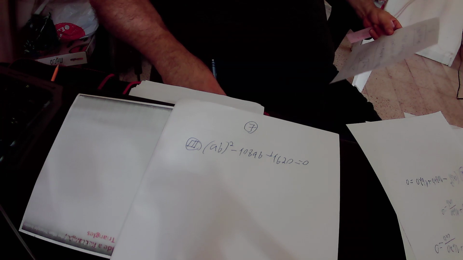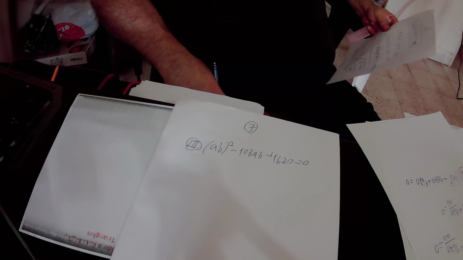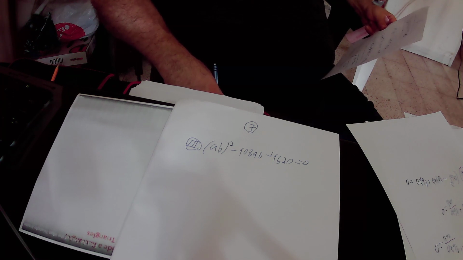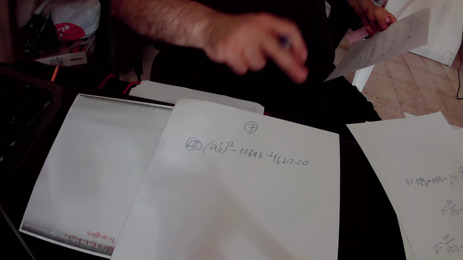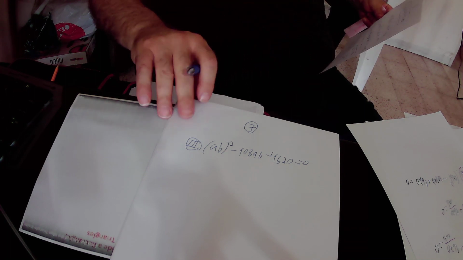So in order to find the value of AB, first of all we will determine what are the coefficients of this quadratic equation. That is to say, what are the values of A, B and C in this specific quadratic equation.